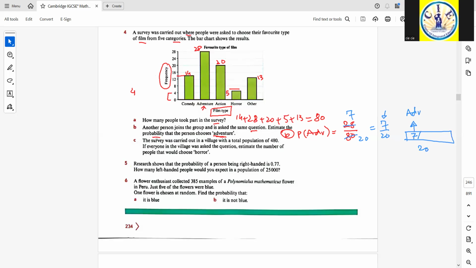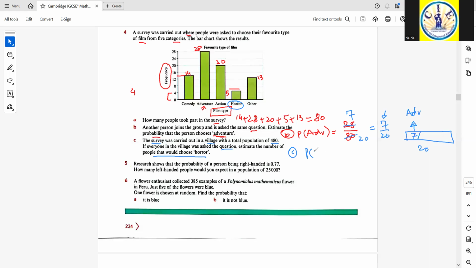Okay, now part C. The survey was carried out in a village with a total population of 480. If everyone in the village was asked the question, estimate the number of people that would choose horror. Okay, for horror, the number of people liking horror type of film, that is 5.